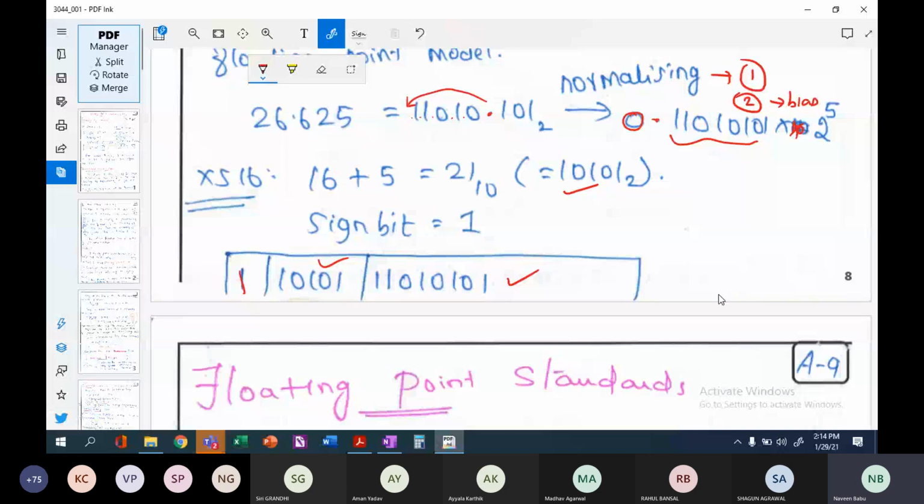Okay. Then, having standardized the representation of floating point numbers, every manufacturer tried to create their own bit size representation. Now this is a 14-bit floating point number representation, right? Some people suggested that we must have 18 bits.